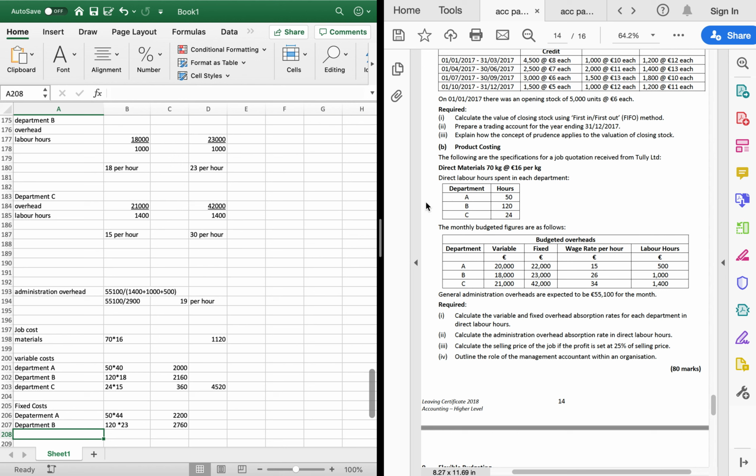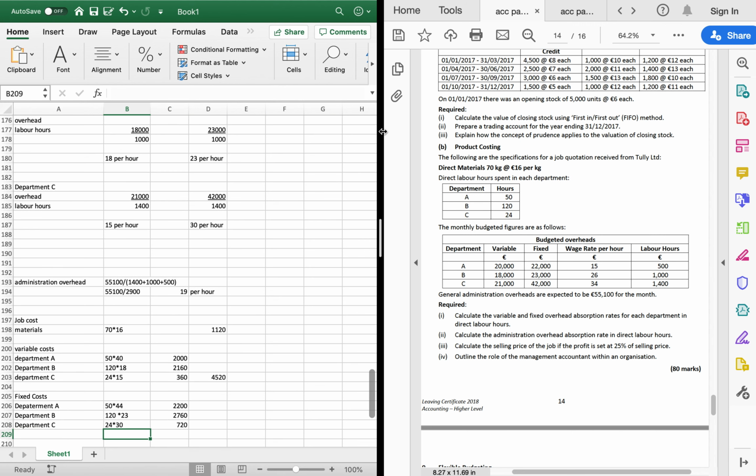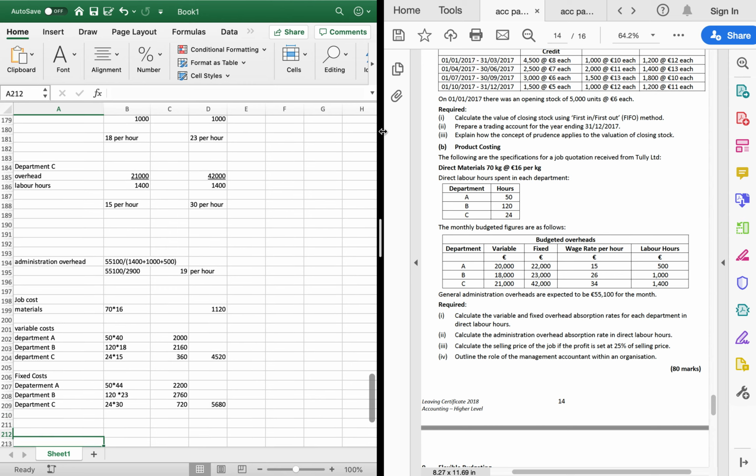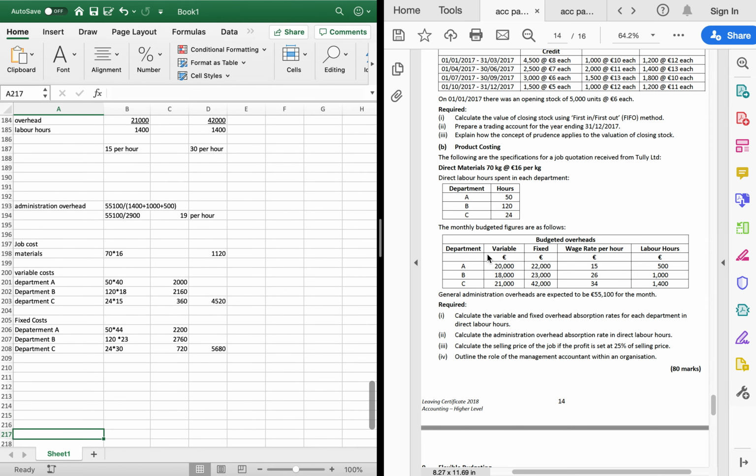And then for department C, 24 by 30, which is 720. Okay, so that's our variable cost and our fixed cost done.